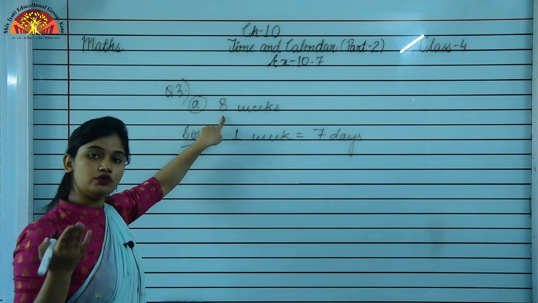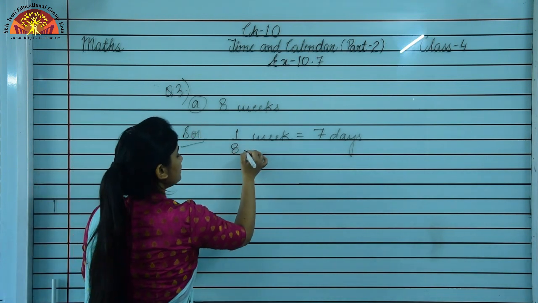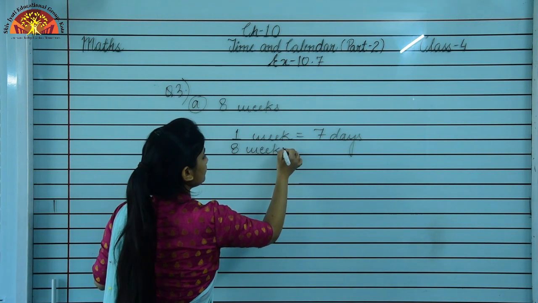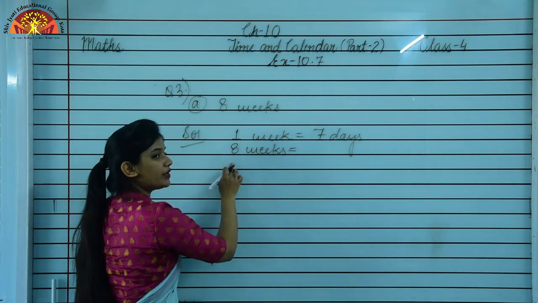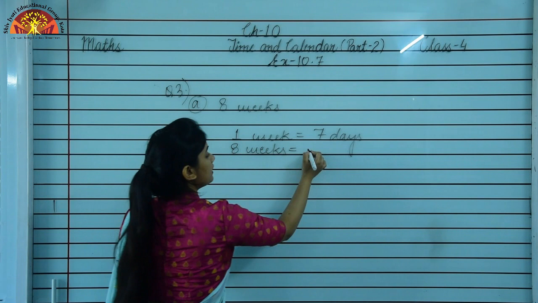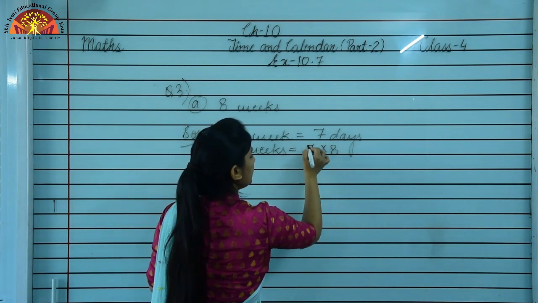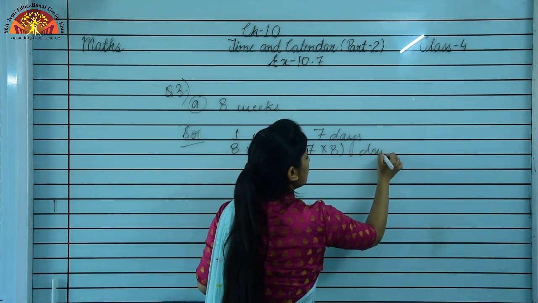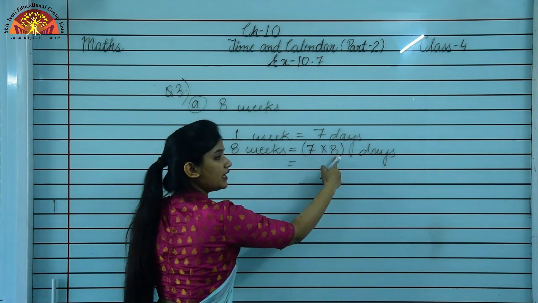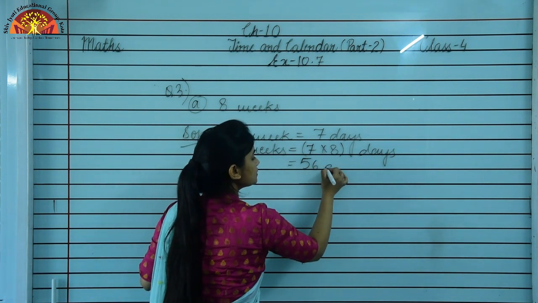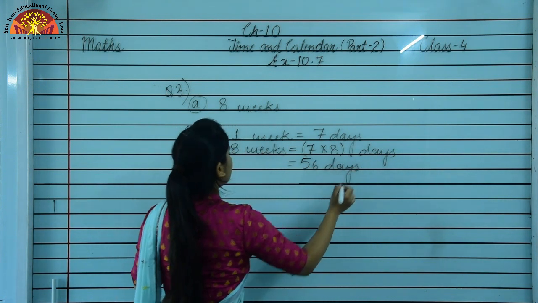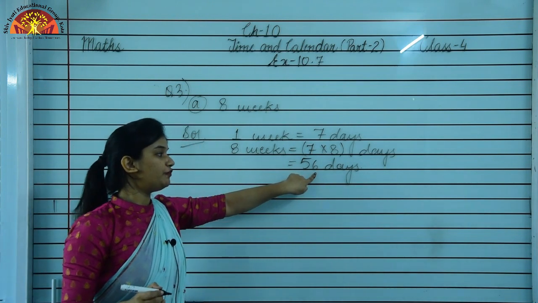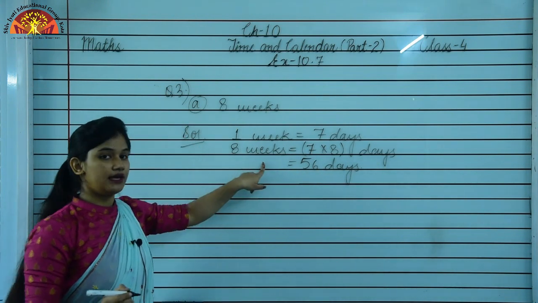Very simple, you will do multiplication. 8 weeks is equals to, nothing to do, we will multiply 7 by 8, 7 multiplied by 8 days, and 7 8s are 56. So how many days will be there in 8 weeks? There will be 56 days in 8 weeks.